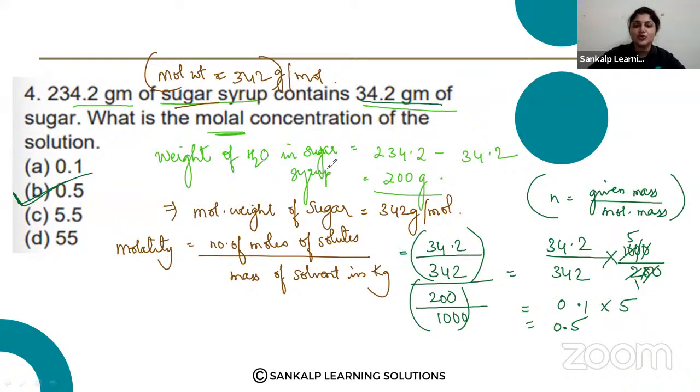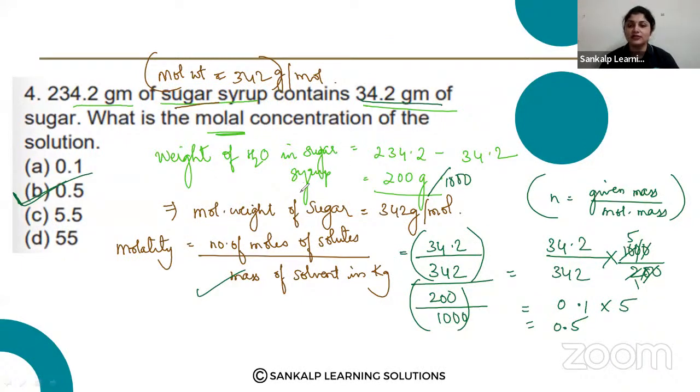So weight of the water in sugar syrup will be 234.2 grams minus 34.2 grams. So from this you get your mass of the solvent in kg. Kg means you have to divide this by 1000. Next is the molecular weight of the sugar.